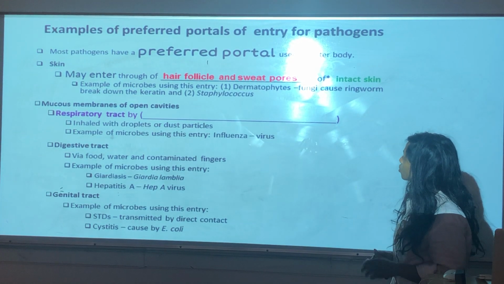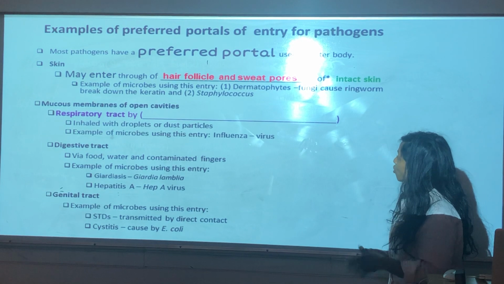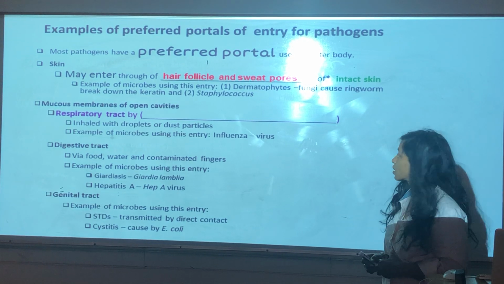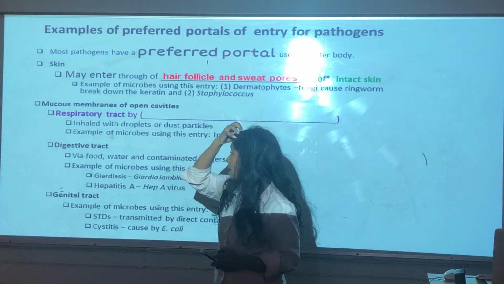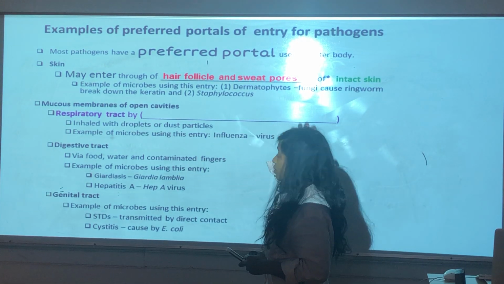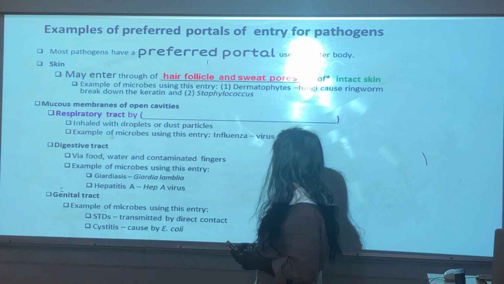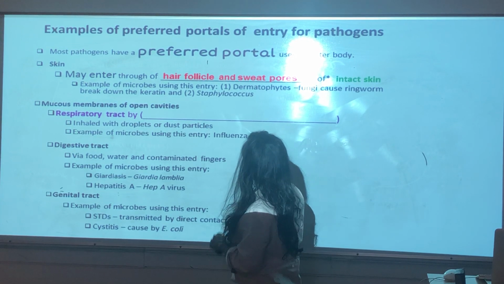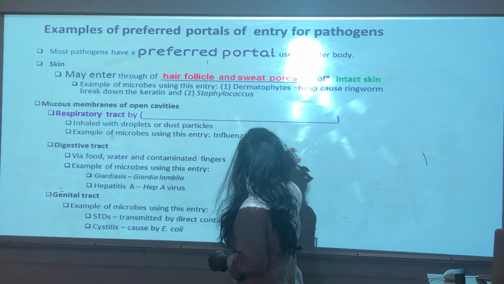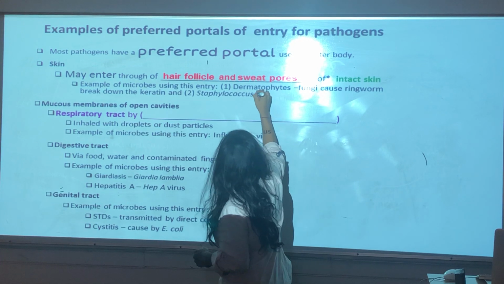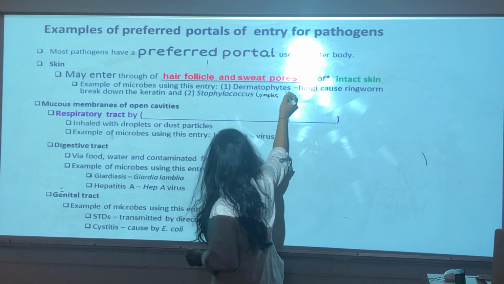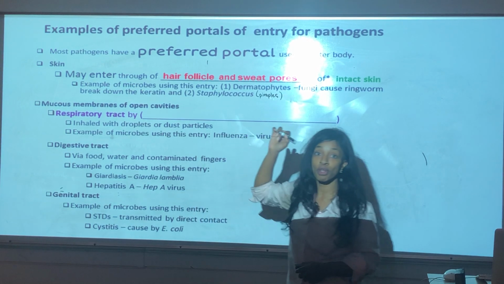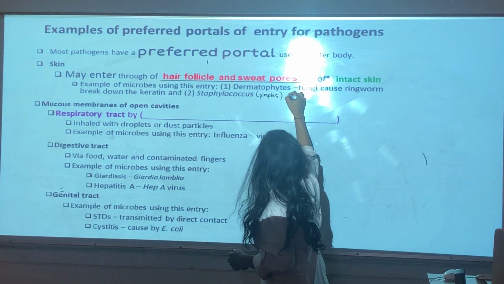Some examples I gave: the dermatophytes, which are a set of fungi that cause ringworm. They do this by breaking down the keratin in the epidermis. And Staphylococcus organisms are often known to invade these hair follicles and sweat pores, causing pimples. I'll also add another familiar skin organism.